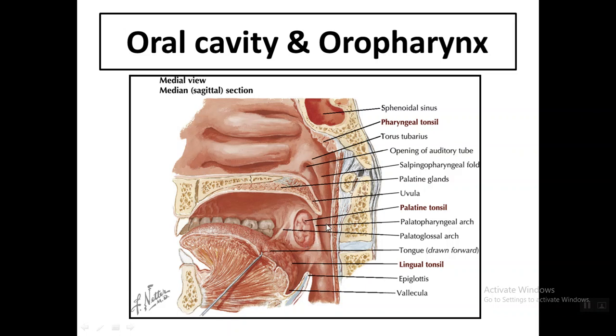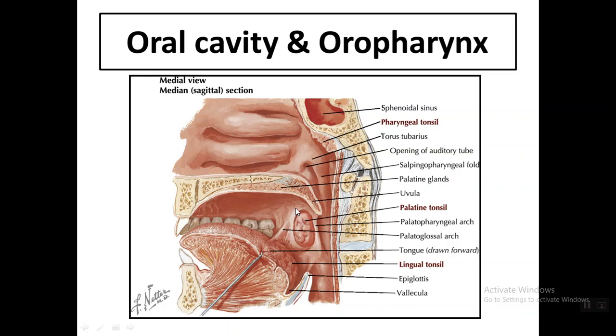The lateral wall of the oropharynx contains the palatine tonsils. These are the palatine tonsils. They are situated in the palatine fossa, bounded anteriorly by the palatoglossal arch and posteriorly by the palatopharyngeal arch.